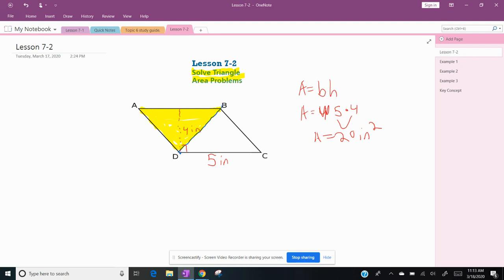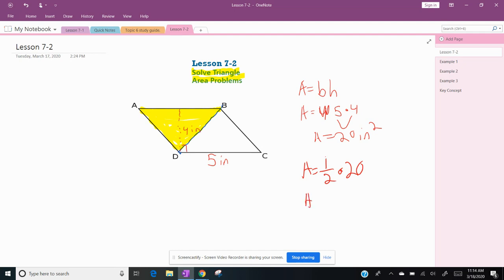Many of you probably said the area is 10, and you probably thought that because that triangle is half of the parallelogram. So we're actually going to take half of our area, and we have 1/2 times 20 to get half of it. Also, some of you like decimals more.